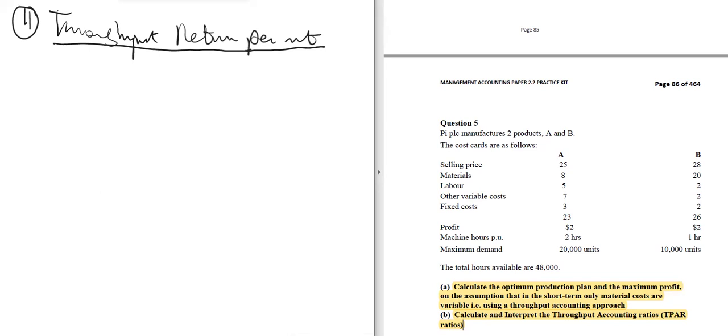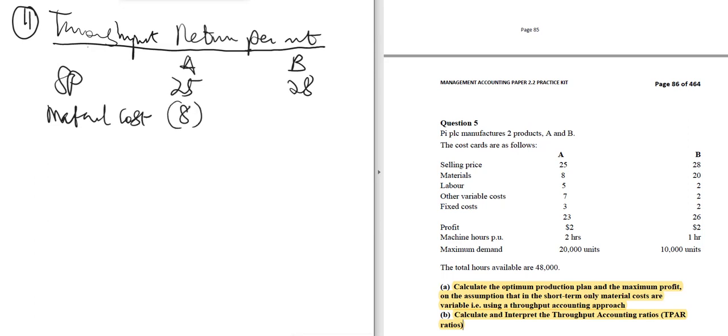It all works. So I take A, I take B. I have my selling price 25 and 28. The only variable cost is my material cost, which is 8 here, and 20 here. So for this one, 25 minus 8 is 17.